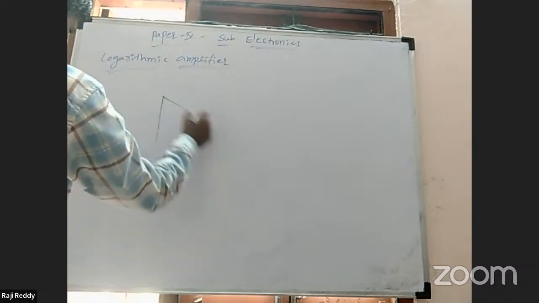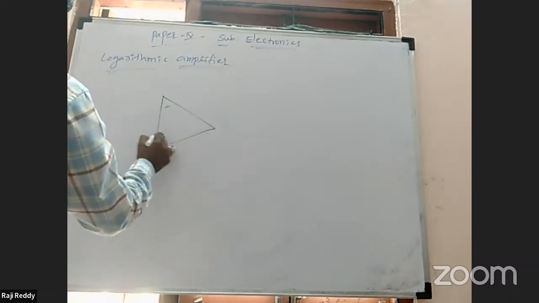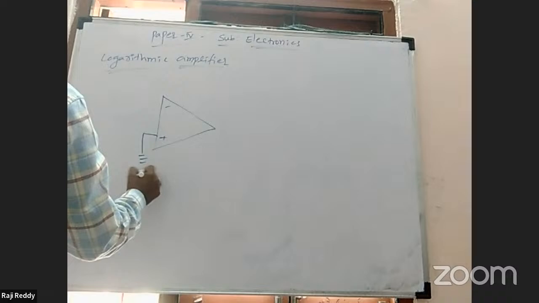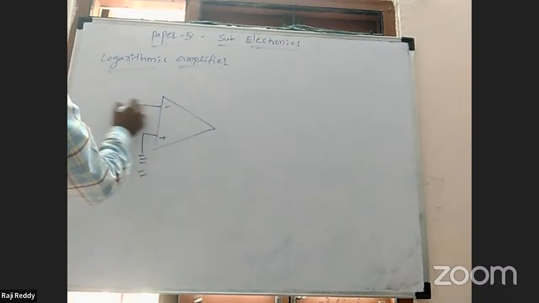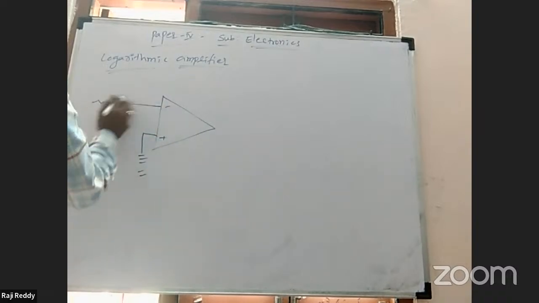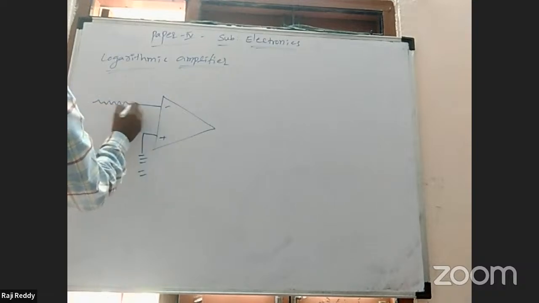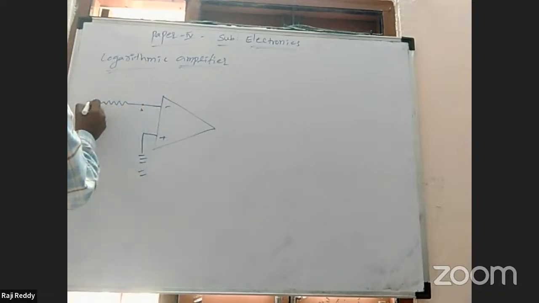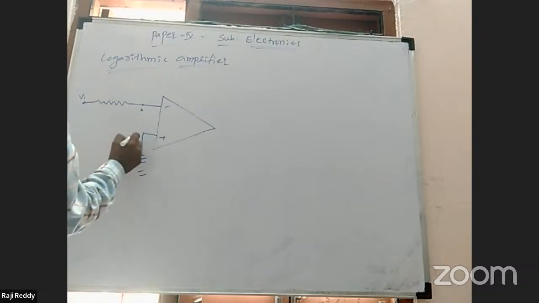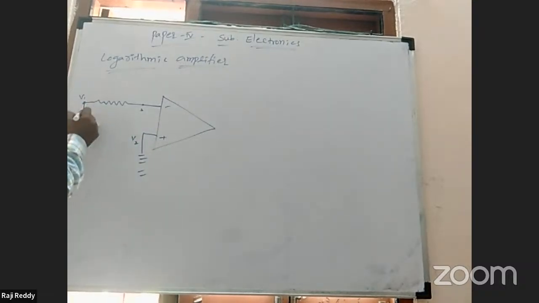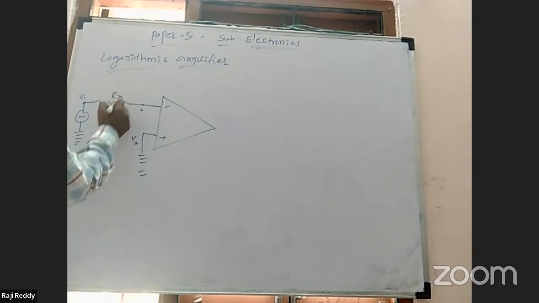Let us consider an operational amplifier, positive and negative. Positive is connected to ground, negative is connected to the input resistance Rin. The junction is S, this terminal is V1, and this terminal is V2, V2 connected to ground, which is connected to the AC source. The input current is I in.